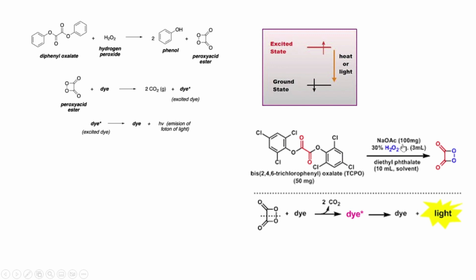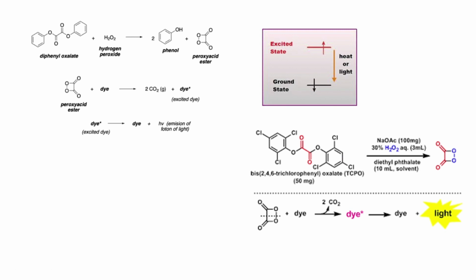In the presence of sodium acetate and 30% hydrogen peroxide, it gives you the peroxyacid ester, and the mechanism is the same as the previous one. That peroxyacid ester breaks down to carbon dioxide, and the energy is transferred to the dye to its excited state, and that excited state dye comes back to the ground state, emitting light, which is the glowing effect.